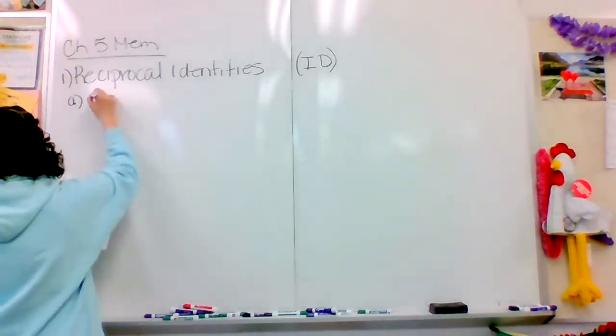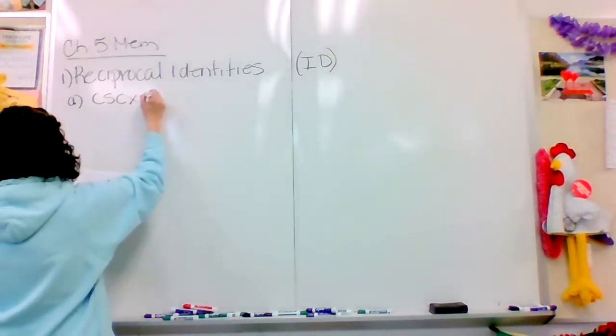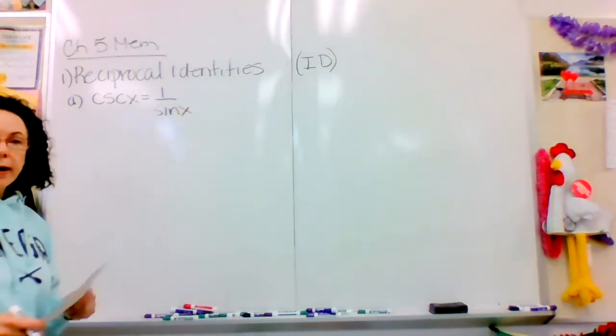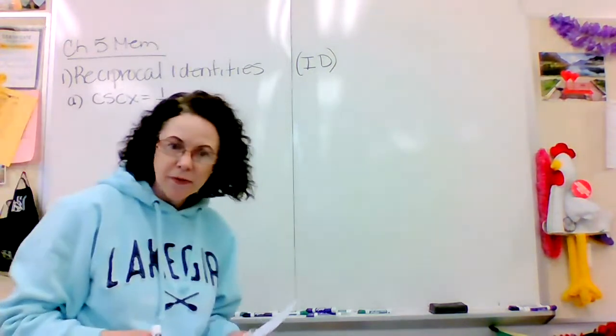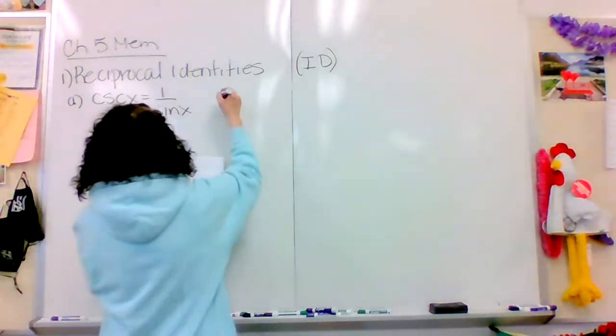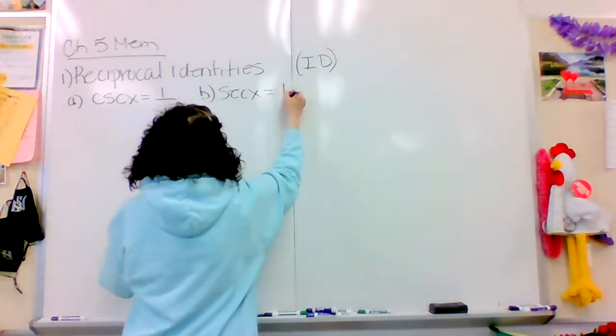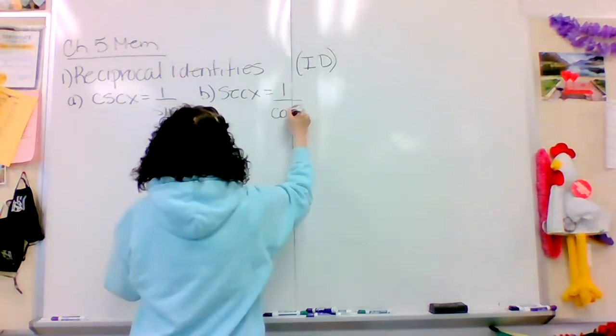So cosecant is equal to 1 over sine of x. You will be using this in sections 5.1 and 5.2. Secant x is equal to 1 over cosine of x.